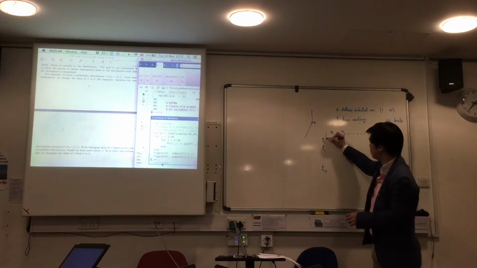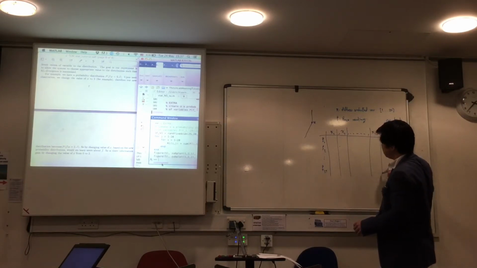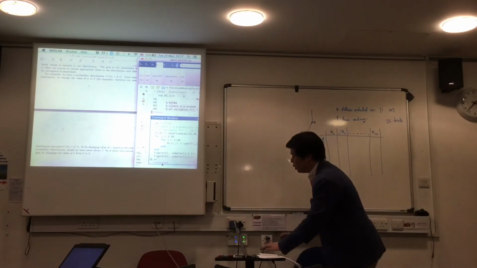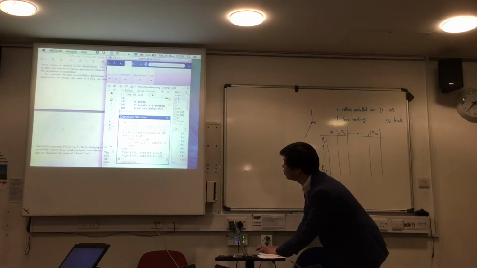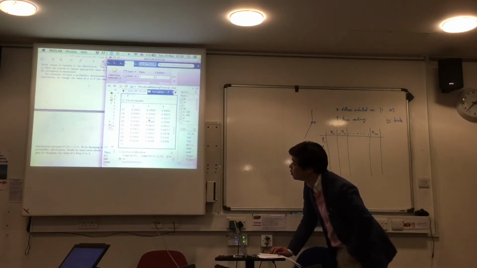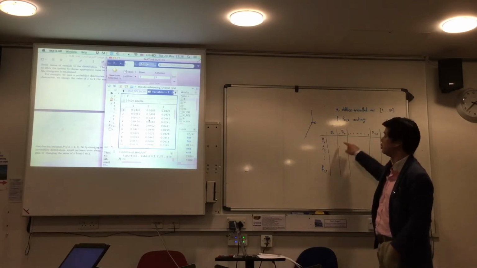Okay. In our readings, we will have 25 rows with 20 columns. Each column corresponds to one distribution.